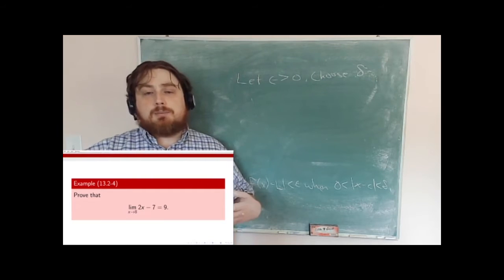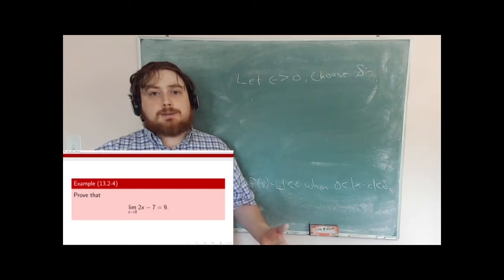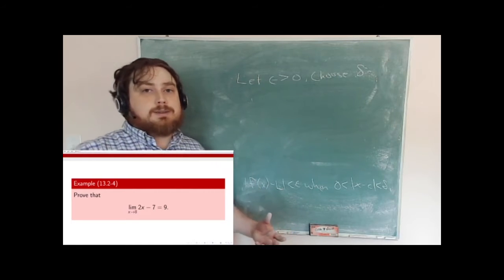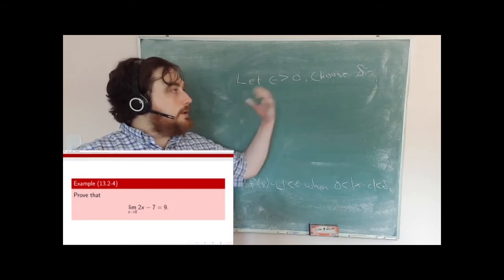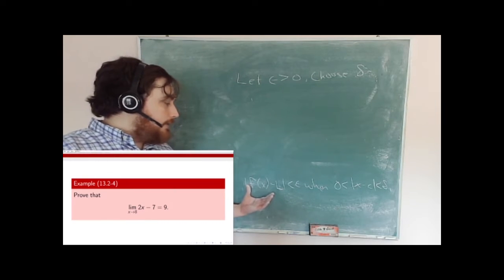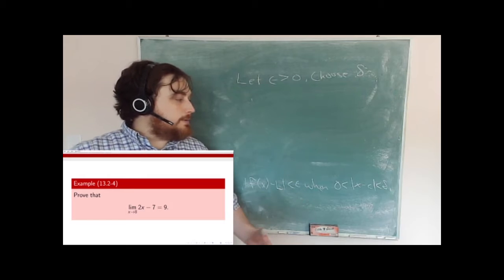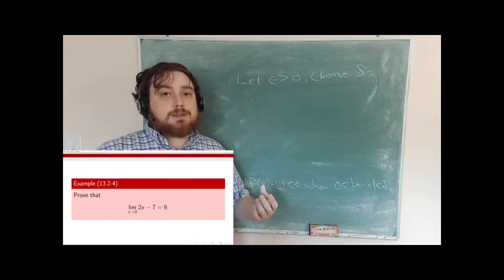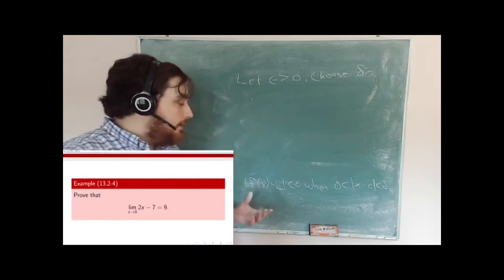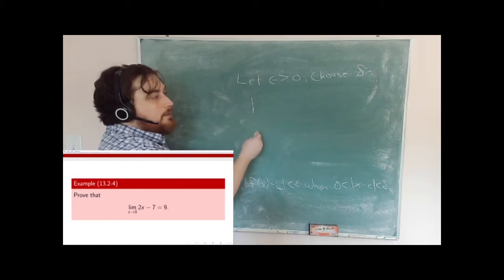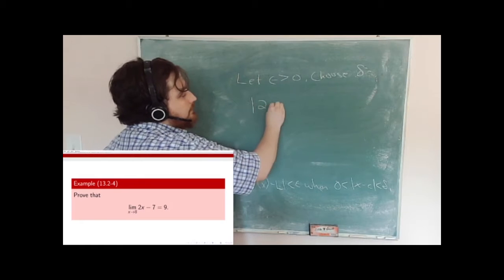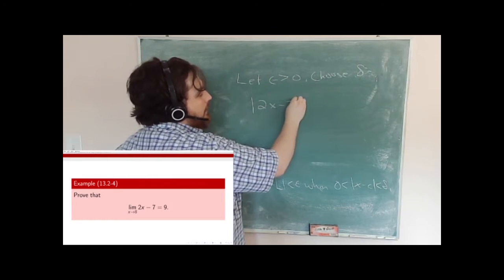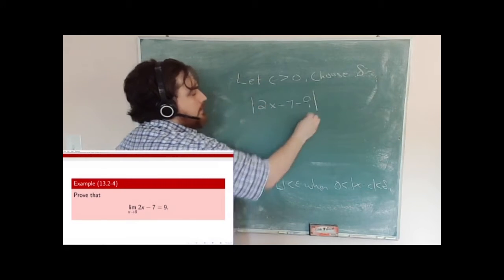For our next example, we want to show that the limit as x goes to 8 of 2x - 7 is equal to 9. So again, we're going to let epsilon be greater than 0. We're going to choose a delta, and we have to show that |f(x) - L| < epsilon whenever 0 < |x - c| < delta. If I start off, f(x) here is 2x - 7, then minus 9, my limit.